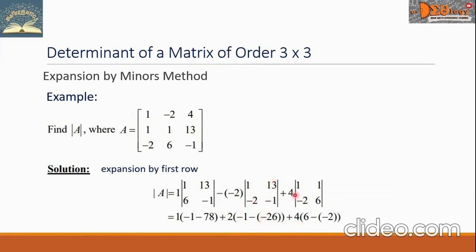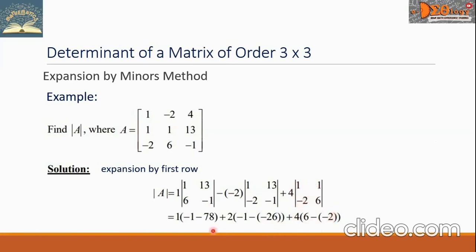Then plus the element 4 multiplied by the determinant. So we have this 1 times 6 is 6, minus the product of the elements negative 2 times 1, negative 2.